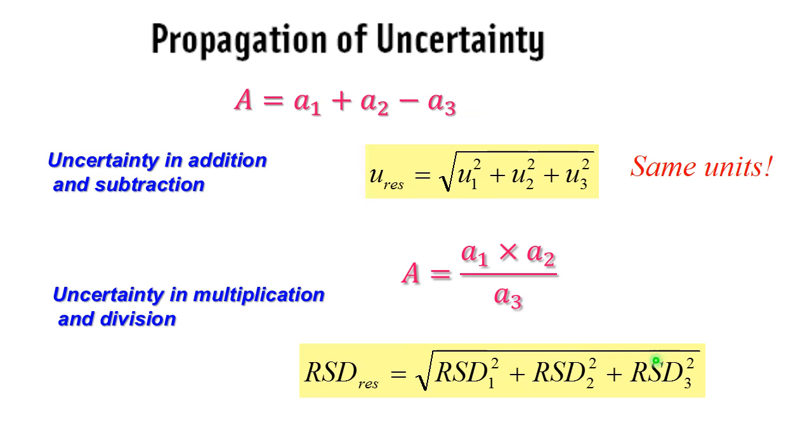Then you take the square root of this sum and you have the relative standard deviation, or relative uncertainty, of your multiplication or division result. We'll do more examples when we start doing analytical calculations.